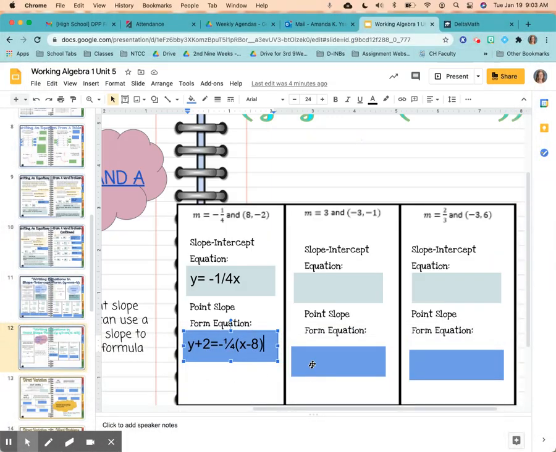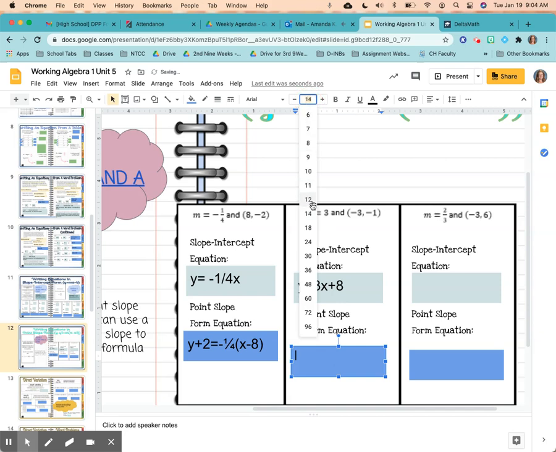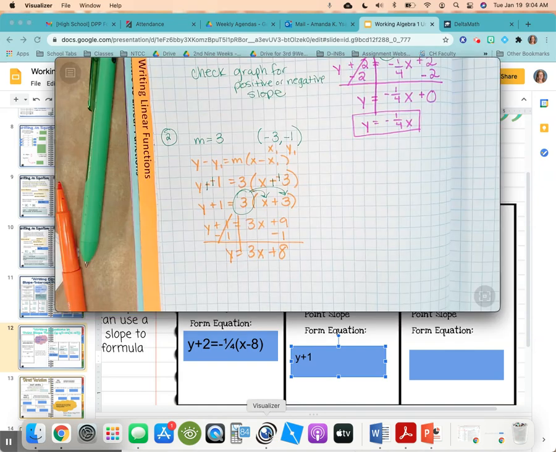All right, so let's fill in slope-intercept form as the mx plus b. So this one's y equals 3x plus 8. Try it. And then your point slope form would be y plus 1. So let me show you where that is.